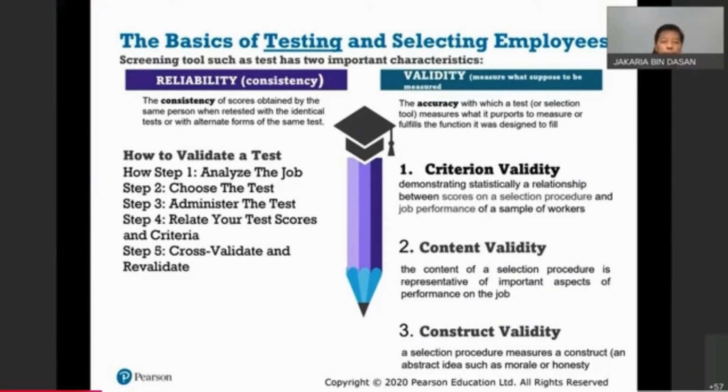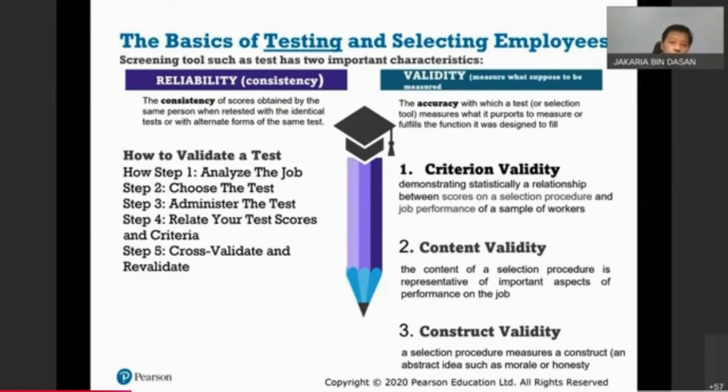So how do we validate the test? There are 5 steps on how to validate the test. Number 1 is analyze the job. After we have done the job analysis, we come up with job identification, and at the end of the day, we have job specification.